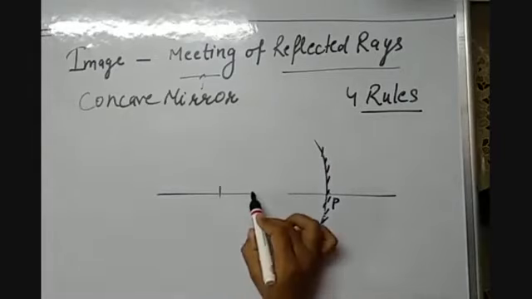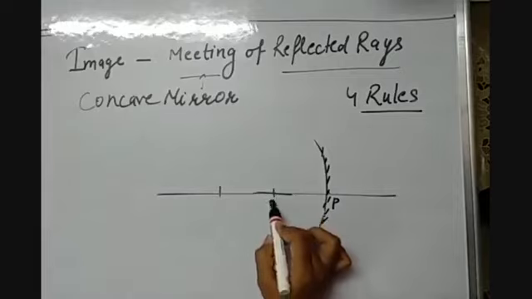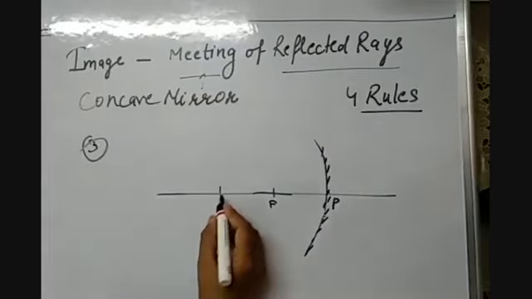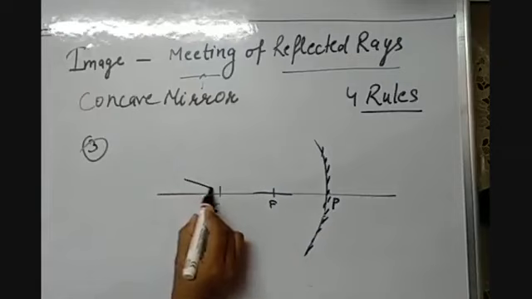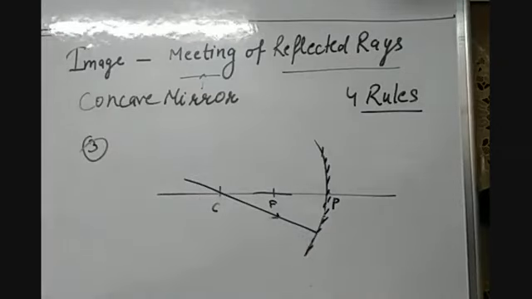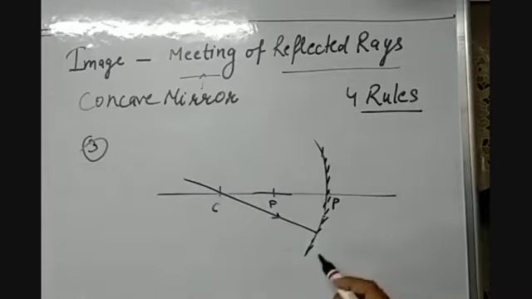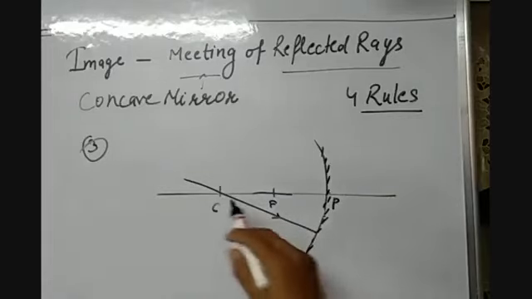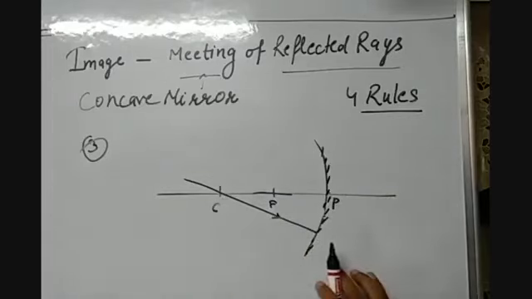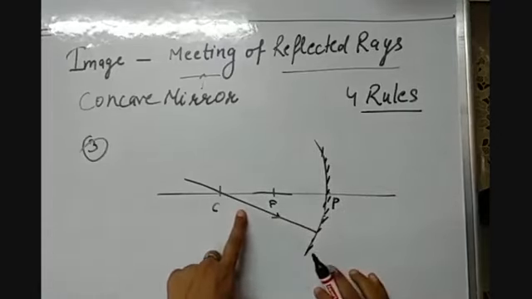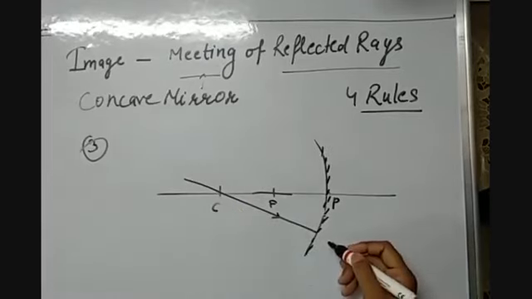So the third rule is that the incident light comes in such a way that it passes through the center of curvature, this way. As we all know, the line joining the center of curvature and the spherical mirror's surface is a normal on the mirror's surface. So now this incident ray is falling on the spherical mirror normally.